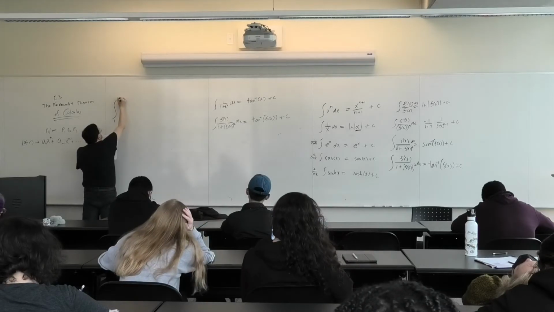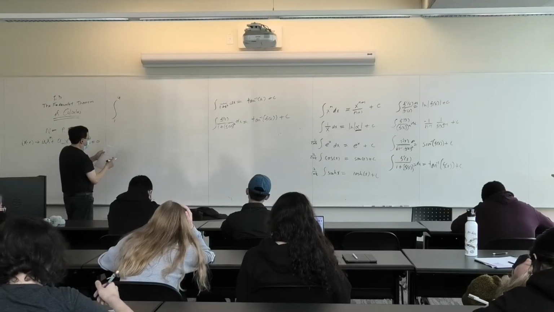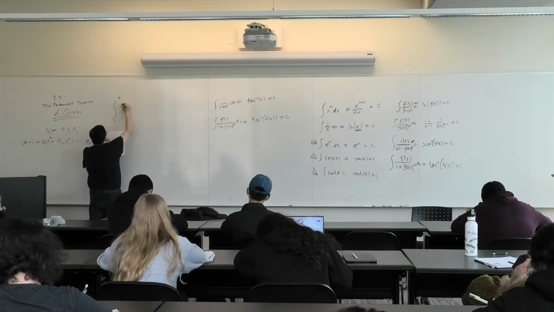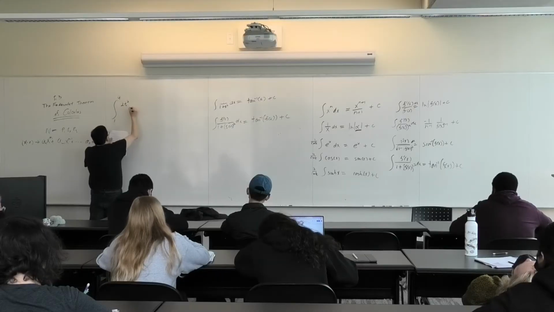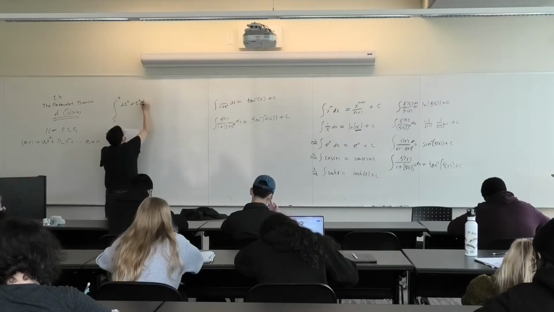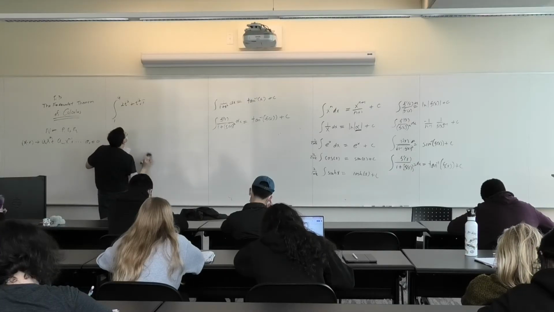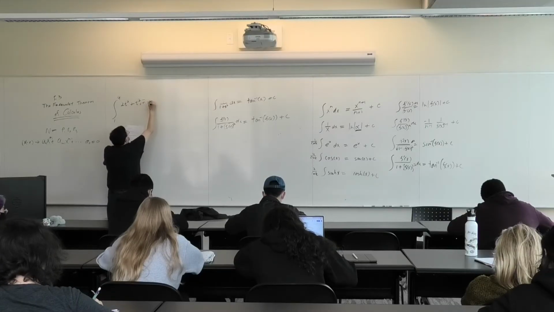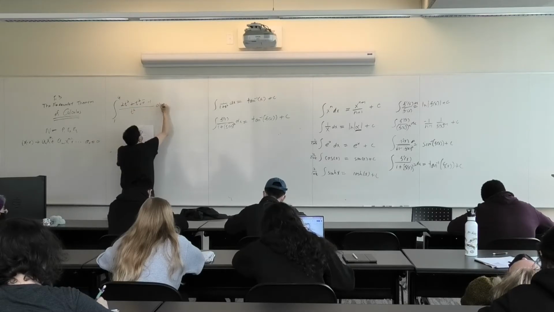We can actually find a definite integral here: the integral of 2t squared plus t squared plus the square root of t minus 1 over t squared.